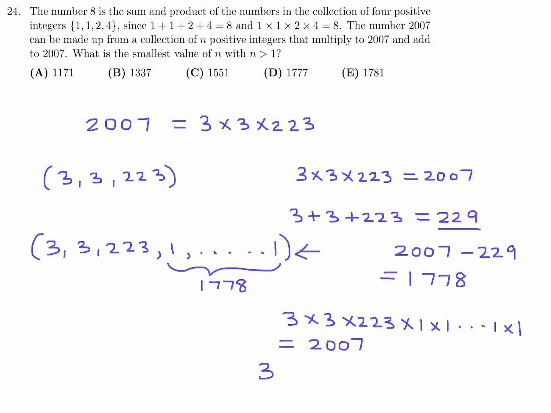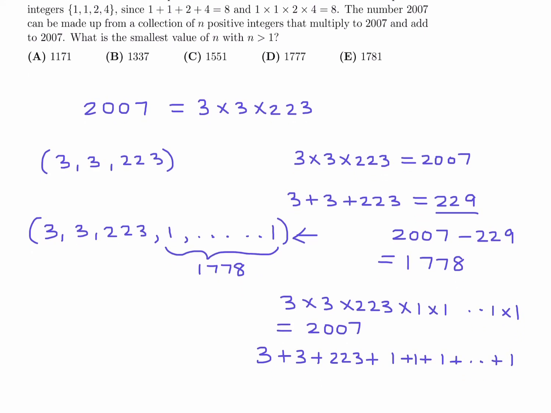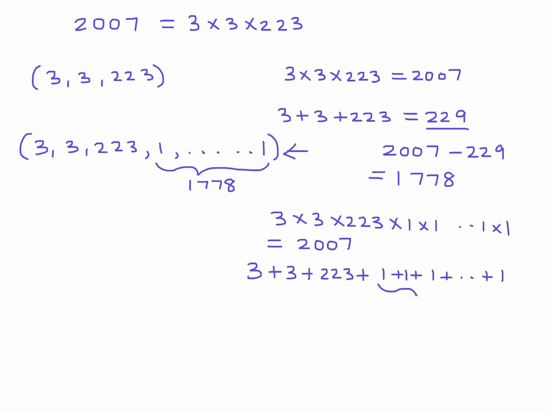The sum is now 3 plus 3 plus 223 plus all these ones. And those ones, since there are 1,778 of them, this contributes 1,778. So this becomes 2007.